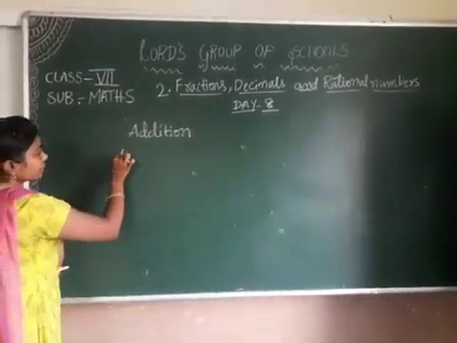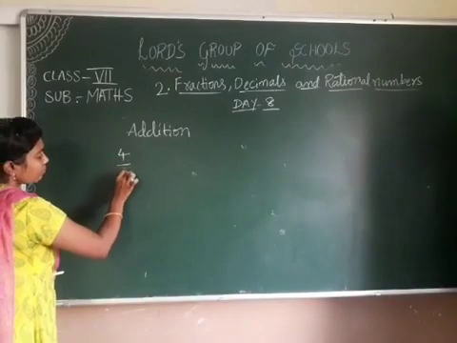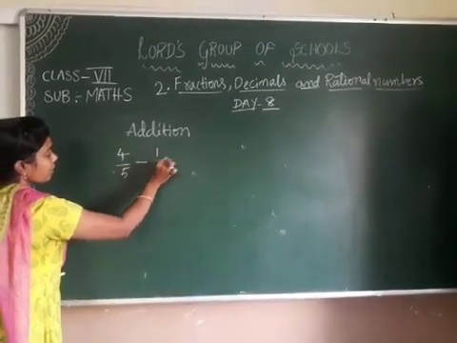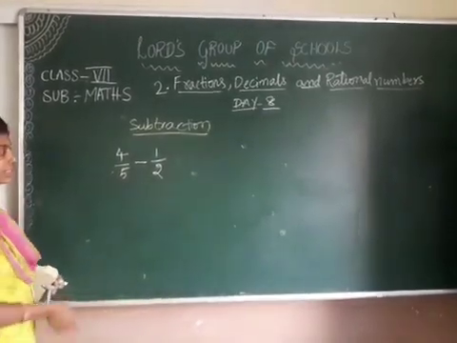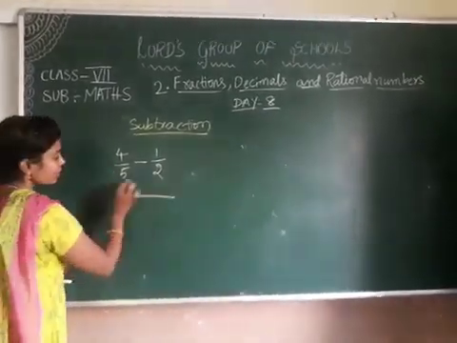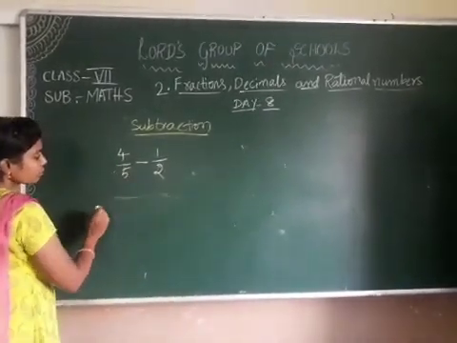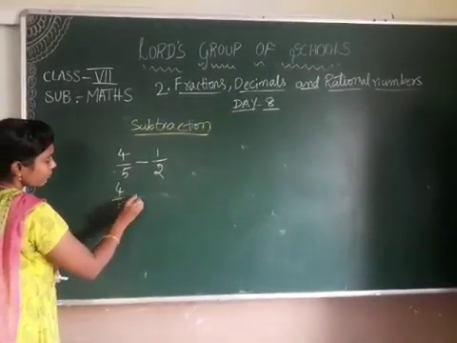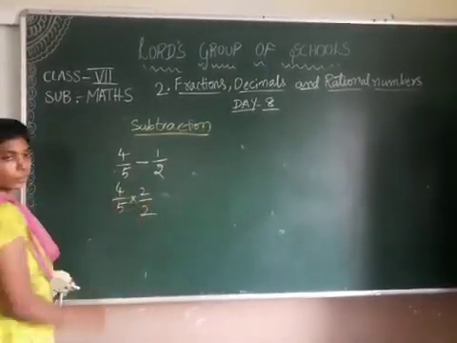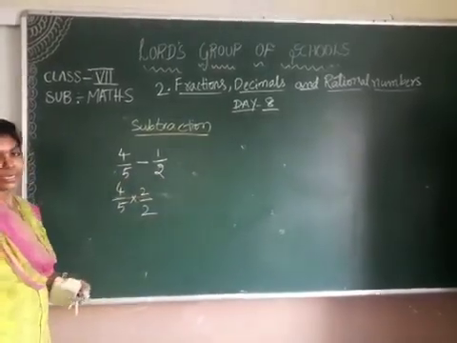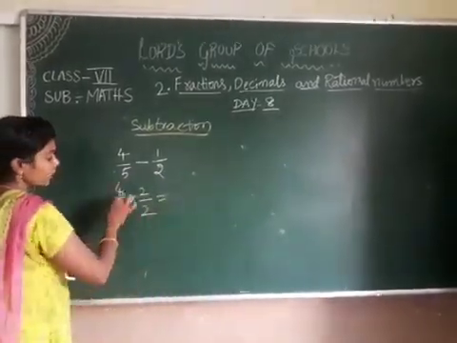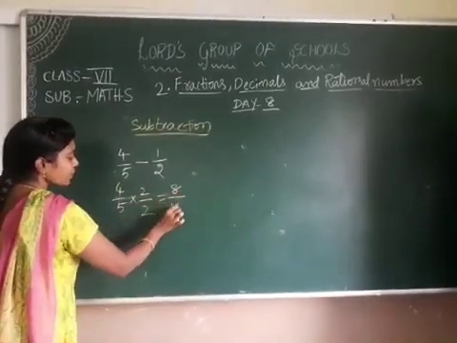For that, 4 by 5 minus 1 by 2. Now subtraction. Again we will convert to like fractions. 4 by 5 into 2 by 2, the denominator of the second fraction times the numerator and denominator of the first fraction. 4 2s are 8, 5 2s are 10.